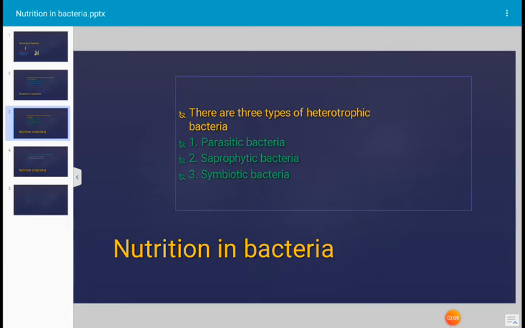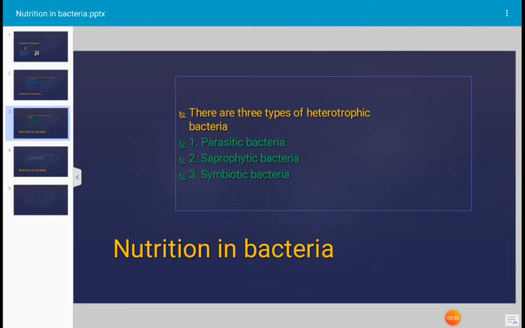Let us describe the saprophytic bacteria, the saprophytic mode of nutrition. The saprophytic bacteria live nutritionally dependent on dead organic matter. Those bacteria which can grow, survive and multiply on dead organic matter are described as saprophytic bacteria.